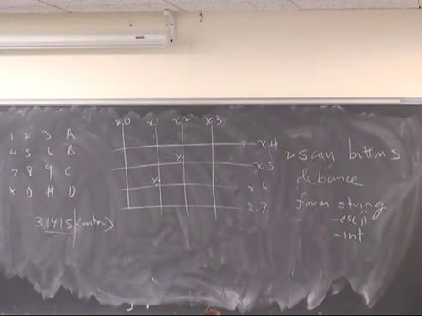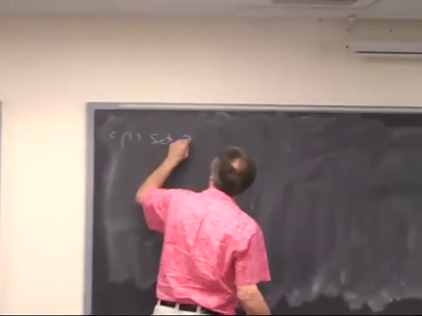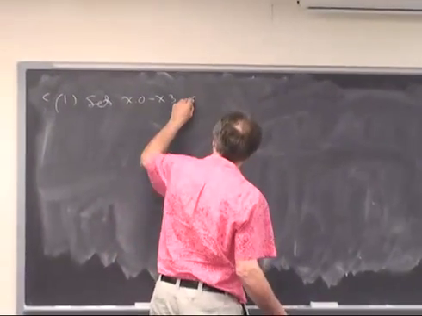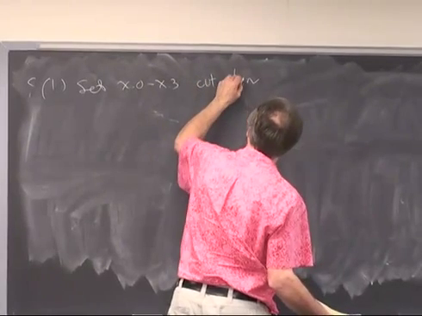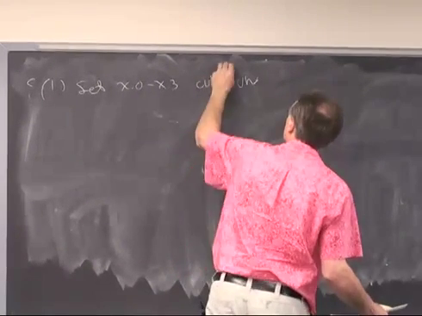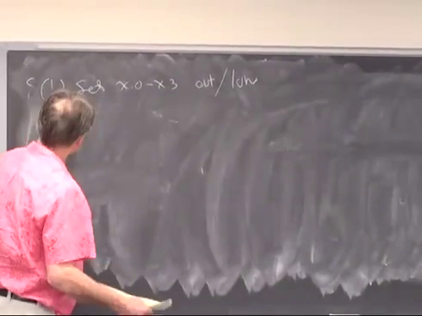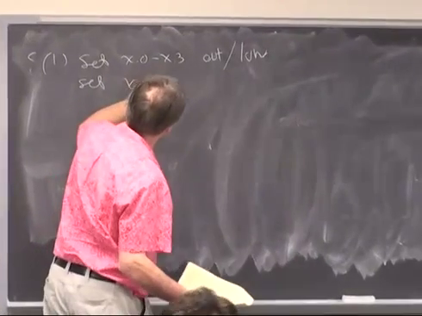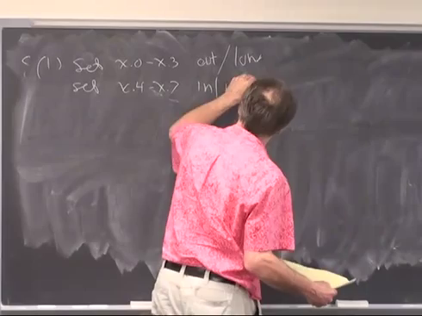Step 1 is set x dot 0 through x dot 3 to output and low. We're going to set x dot 4 through x dot 7 to input with pull-up.